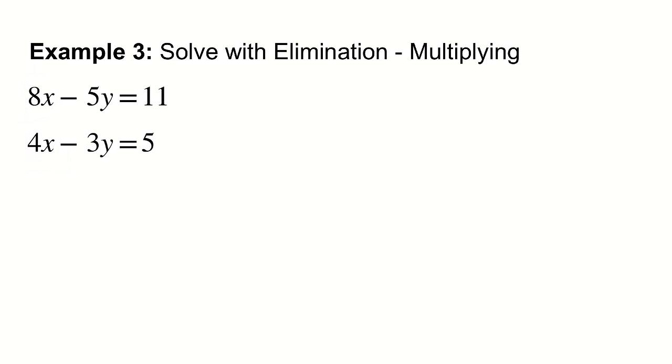2 or -2. Either one works. So I'm going to keep this equation exactly like it is, all right? And then I'm going to take this equation and multiply it by, I like to add my equations, that's what I prefer.